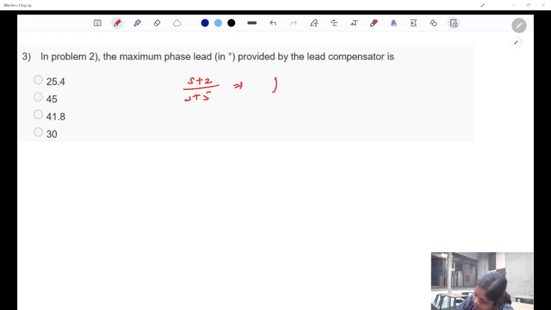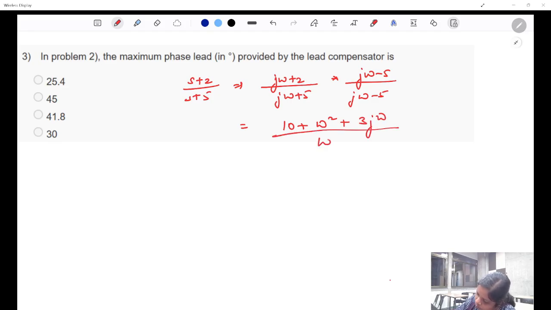So it can be written as (jω+2)/(jω+5) times (5−jω)/(5−jω). From here what do you get? (10+ω²+3jω)/(ω²+25). Once we have this, what are we going to do?